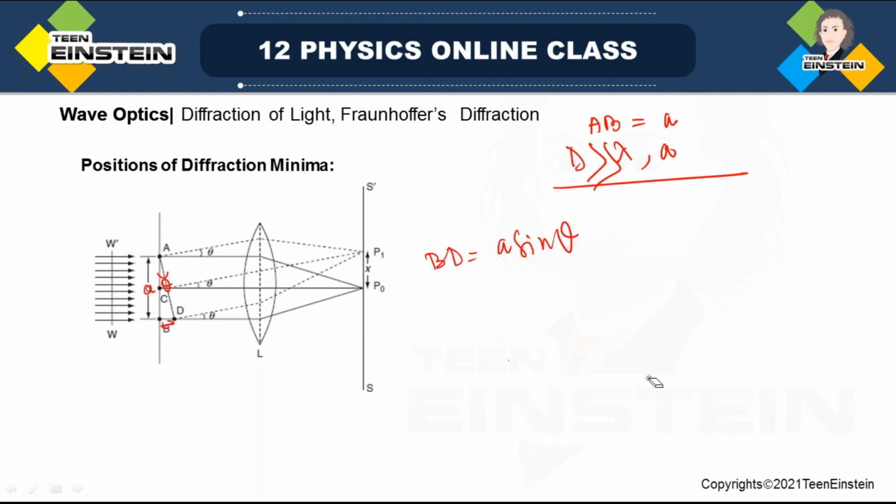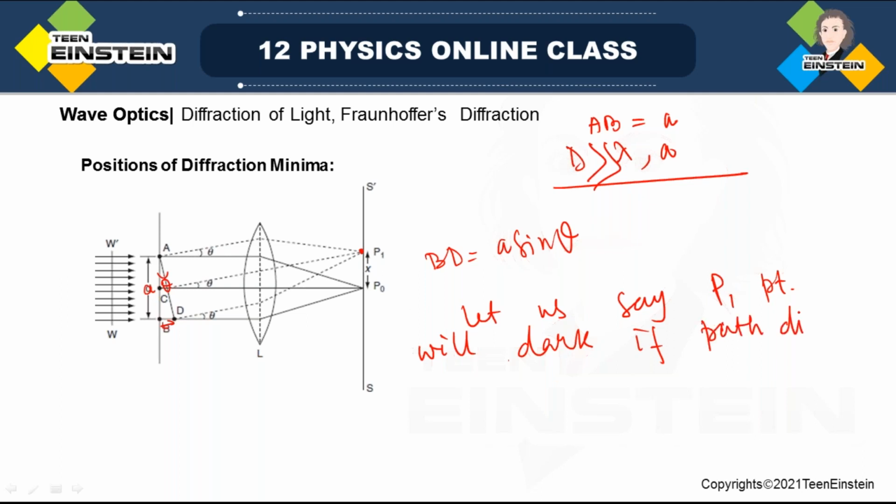Let us say the P1 point will be dark if the path difference between the two lights is lambda.